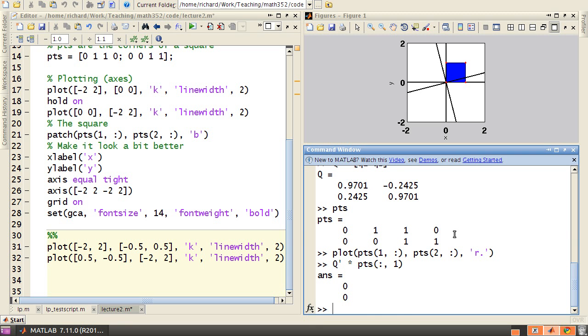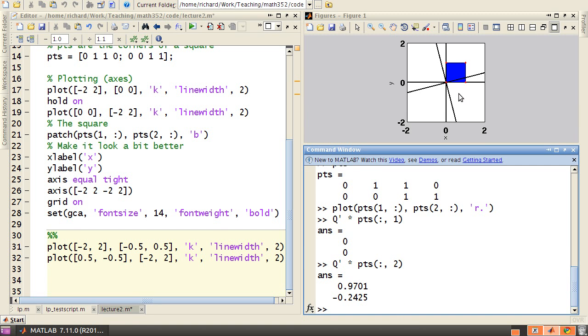So it's the second column of my points matrix. So Q transpose times that b, we reckon, just looking at that point there, that x should be slightly less than 1 and y slightly negative. Okay, you can see that there. X is equal to 0.97 and y is equal to negative 0.24.